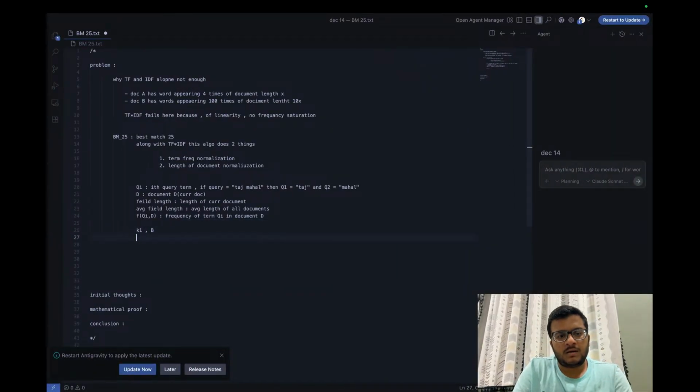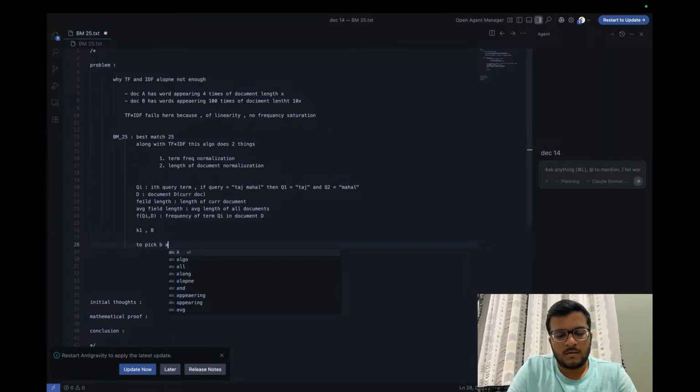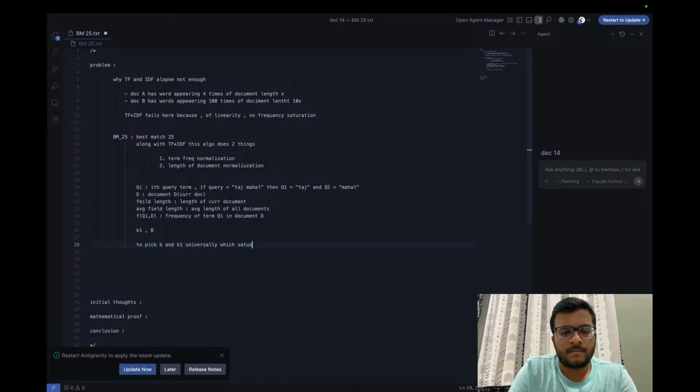And to pick B and K1 universally, which satisfies all types of data, is not possible, because Elastic doesn't know what kind of data you are ingesting using their Elasticsearch.